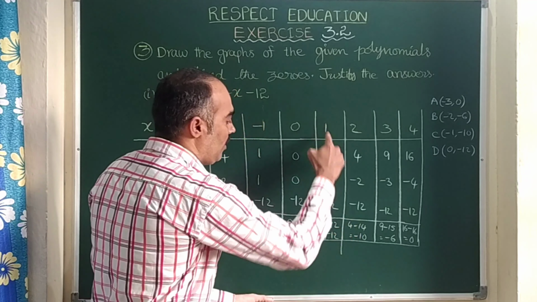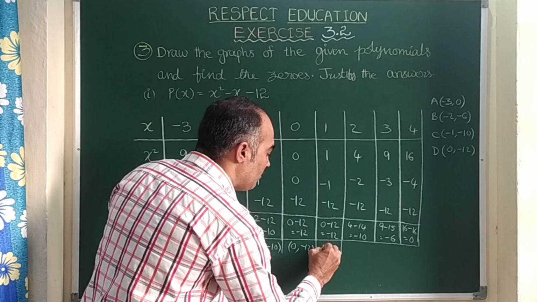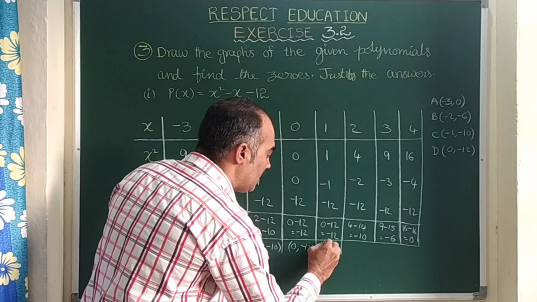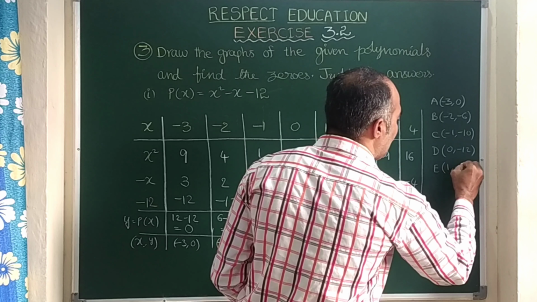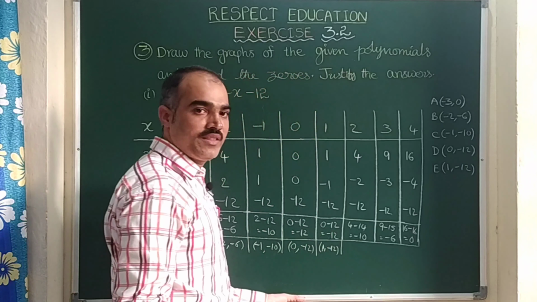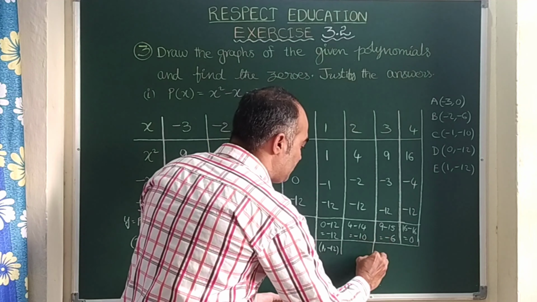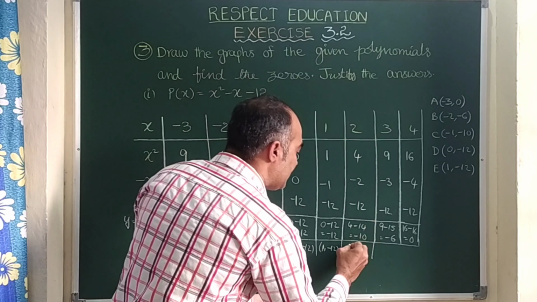Next point, 1 comma minus 12. I am taking this point as E. Right? Here the next point, 2 comma minus 10.